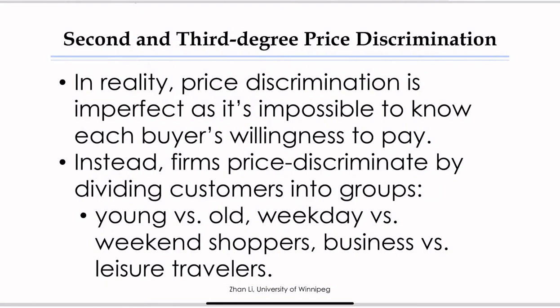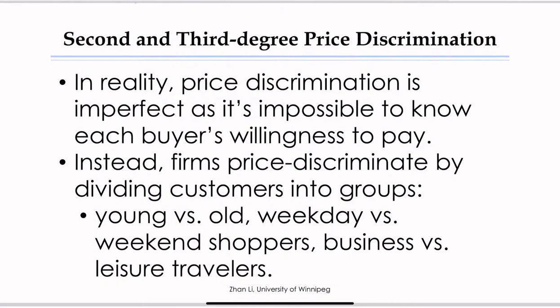And you can see that it's hard to accomplish this in reality, right? Because it's actually hard to know exactly your customer's willingness to pay. So in reality, price discrimination is actually imperfect.